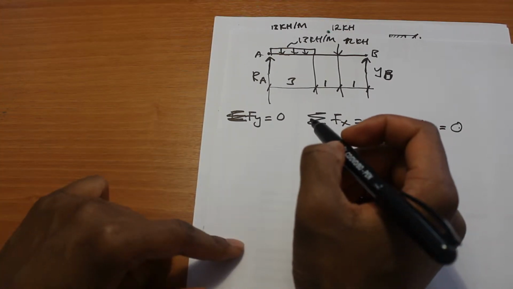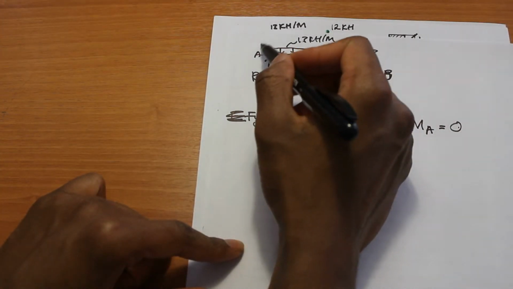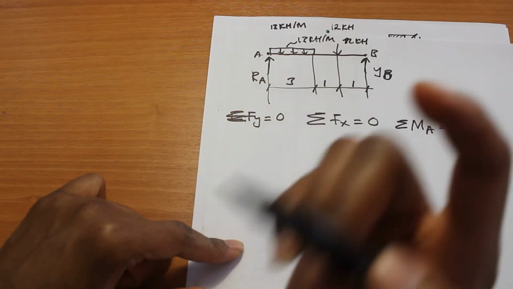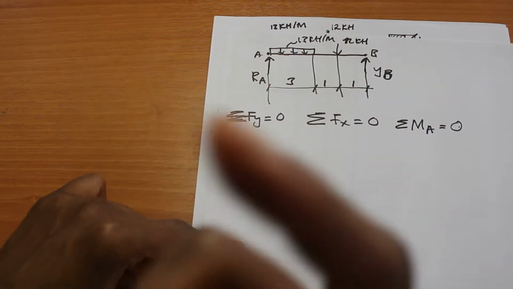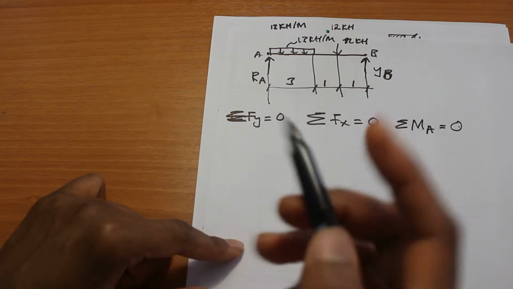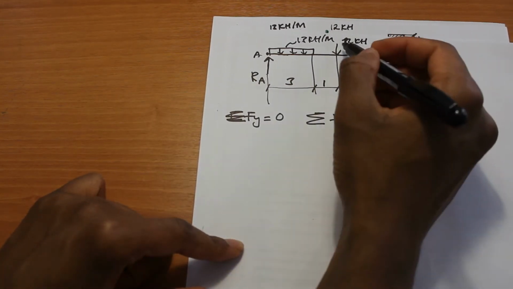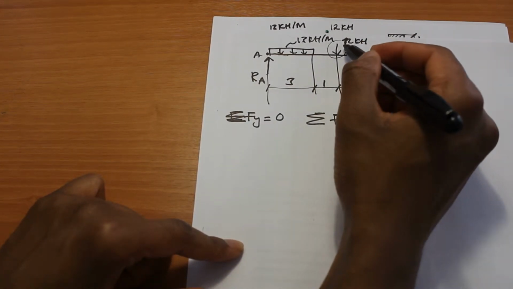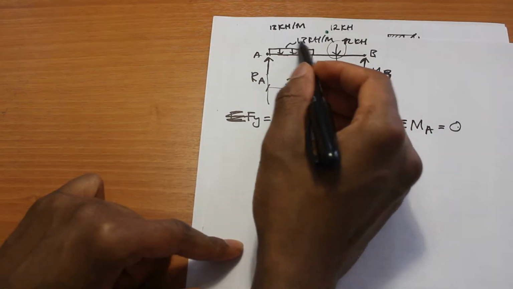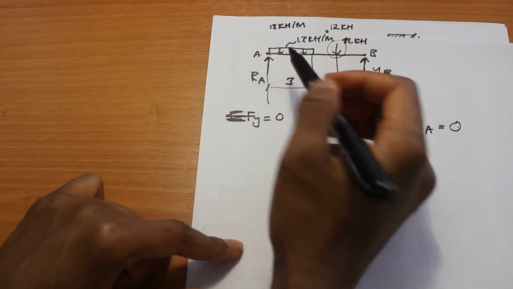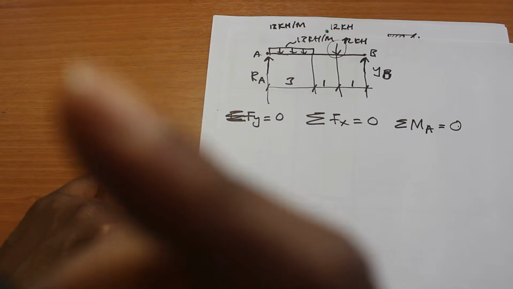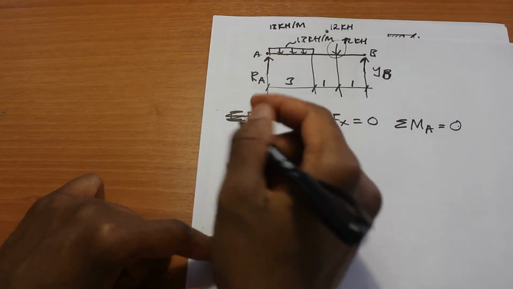But when we're dealing with statics, this spread out force is replaced by a fixed point force. This here is a fixed point force, so we need to replace this spread out force by a fixed point force. How do we do this?